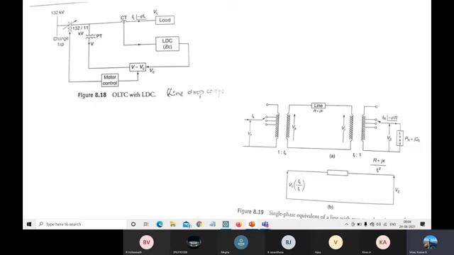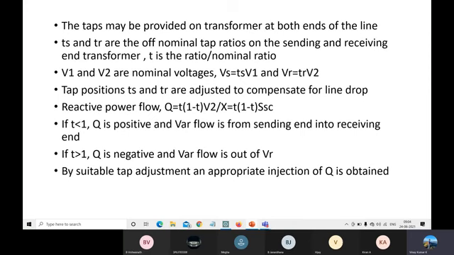If you want to control the reactive power, we have to control the voltage as well. We can get the difference values by the LDC, the load drop component, and by using suitable adjustments of the tap we can inject the reactive power into our circuit. By injecting the reactive power we can control the voltage as well. So that's about the tap changing transformer.